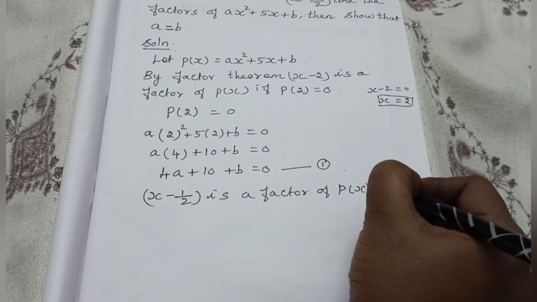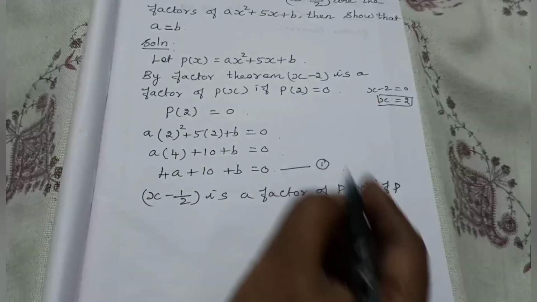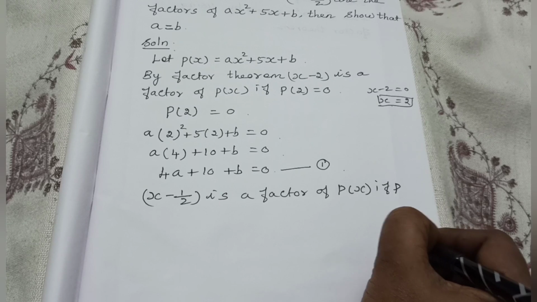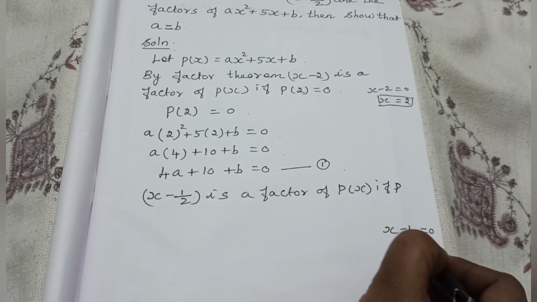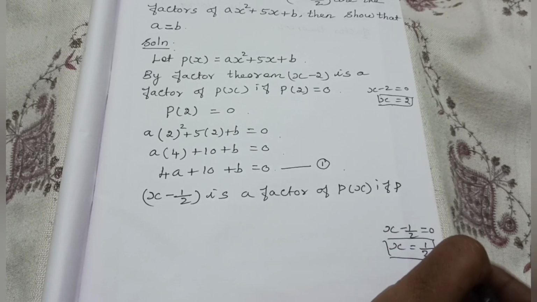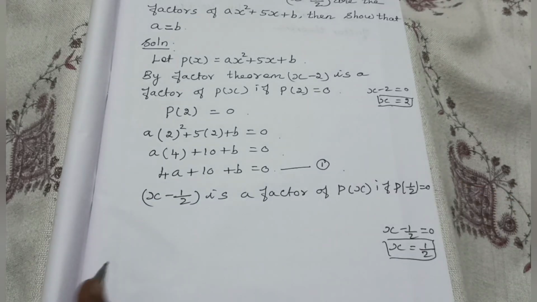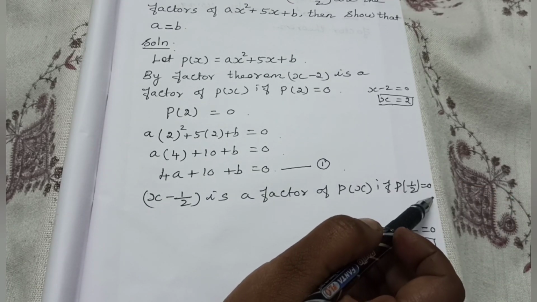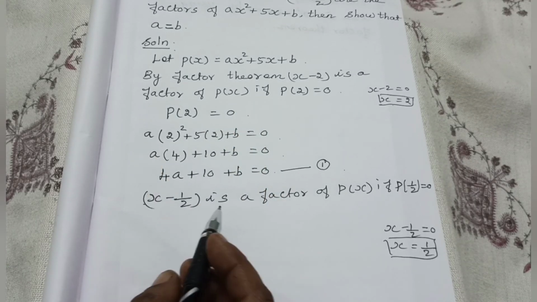Here x minus 1 by 2 equal to 0, therefore x equal to 1 by 2. Then p of 1 by 2 equal to 0, which means this is the factor. In the question itself this factor is given.